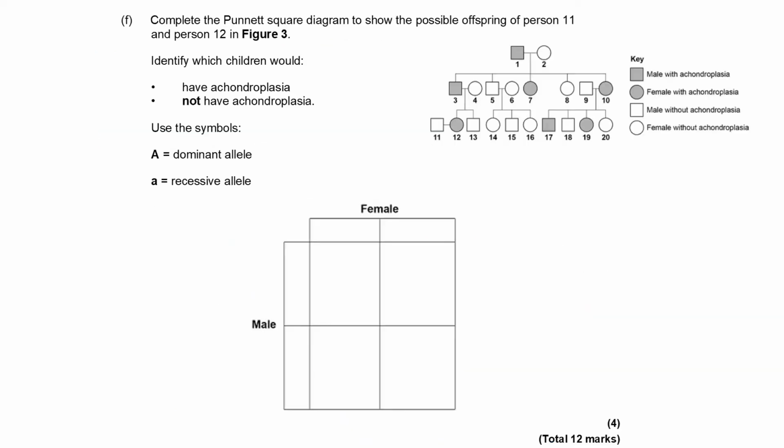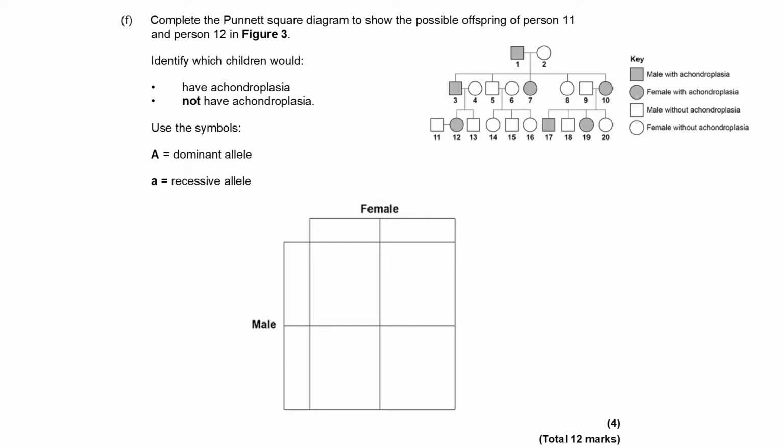Part F, it says complete the Punnett square diagram to show the possible offspring of person 11 and person 12 in figure 3. So I've just copied the pedigree diagram over so that I can still have a look at it. But obviously in the exam, you'd have this on one page, so you wouldn't have to flick through. It says identify which children would have achondroplasia and would not have achondroplasia.